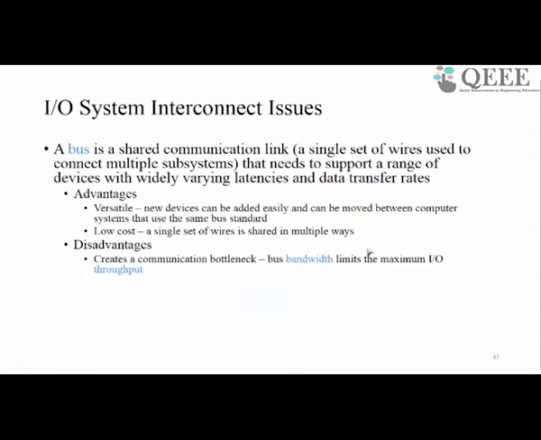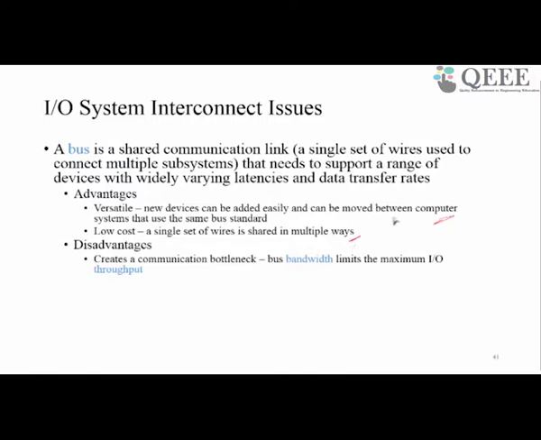A bus is nothing but a shared communication link, or a set of wires, which can be connected to a number of devices. So a processor, memory and many I/O devices may sit on it. The advantage is that it is versatile, and new devices can be easily connected to it.